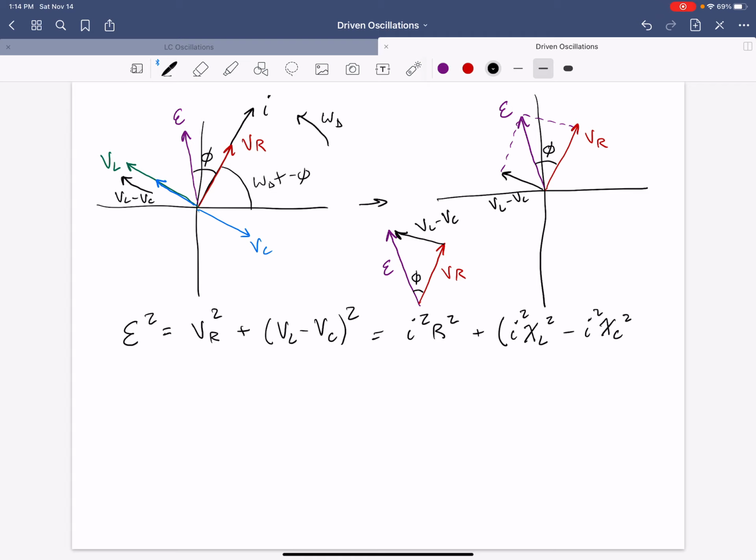Nope, I'm doing that wrong. Take those squareds out. There we go. Remember, these are the reactances, the AC equivalent to resistance. Now I'm going to take out the I and solve for an expression for just current.